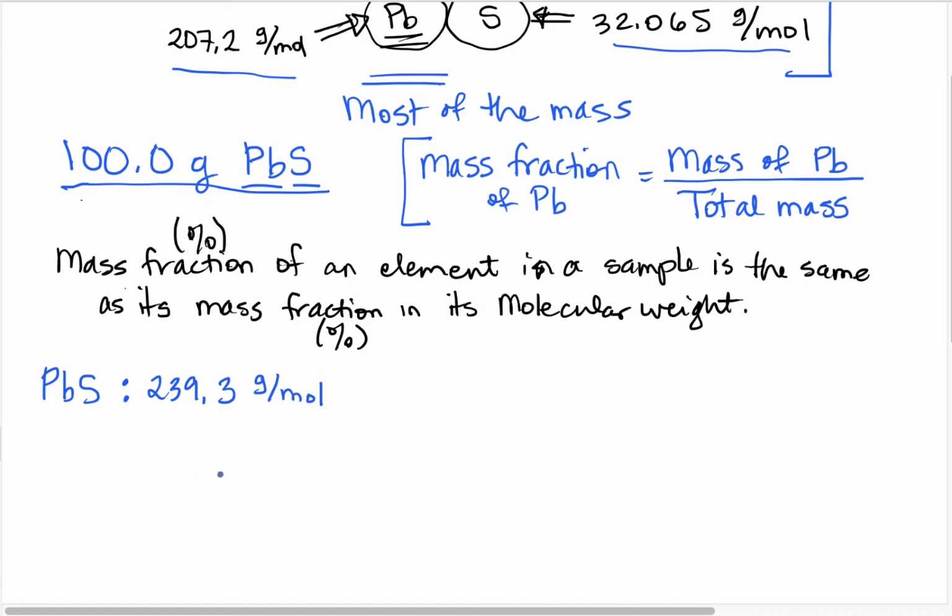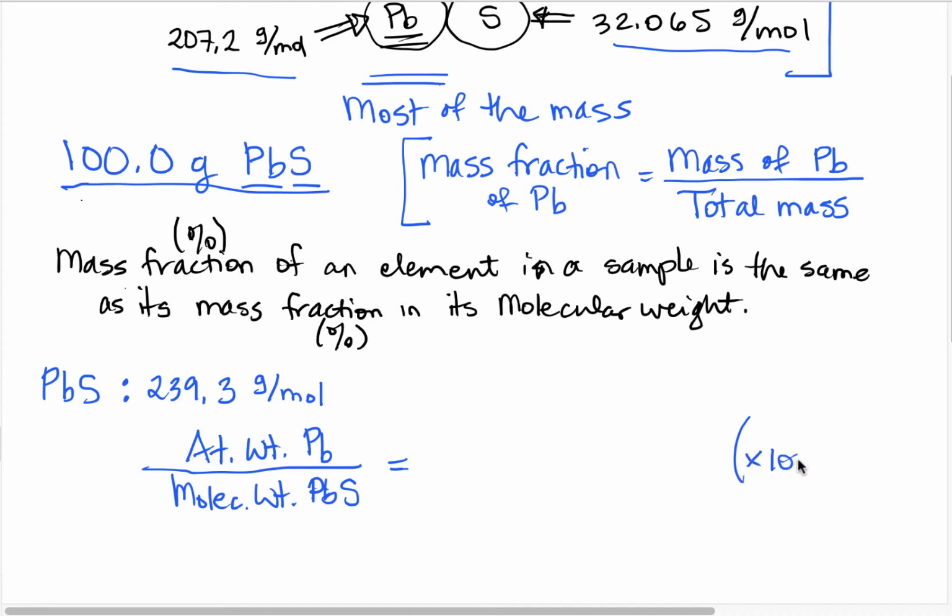So when we are going to find the mass fraction, we're going to take the atomic weight of lead, divide it by the molecular weight of the whole compound, and that's going to be our mass fraction. If you want, you can multiply it by 100% to get the percent.